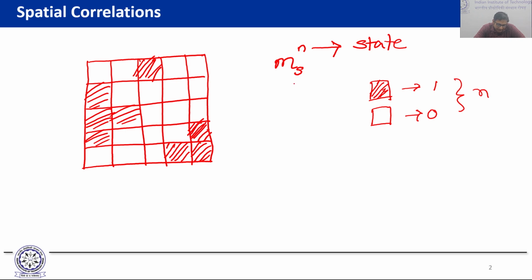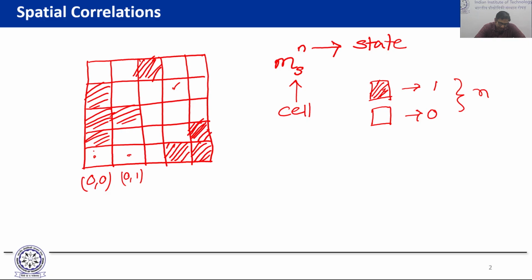S over here refers to the cell where we are sampling the local state. So if I start from this cell and call it 0, 0, then as I am going this side, it becomes 0, 1 and so on. Supposing I am now going to look at this specific cell over here.